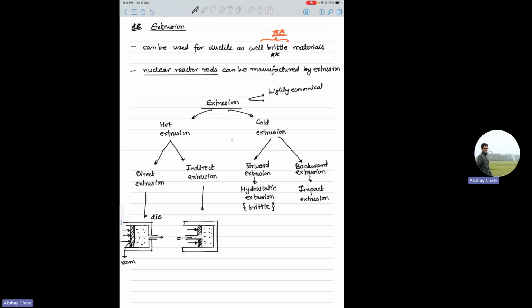And you can have size reduction up to 40:1 also. So this is a significant kind of size reduction. If you remember our rolling and all those things, there you would have to have multiple passes for these kind of size reductions. So that is the main advantage of extrusion.